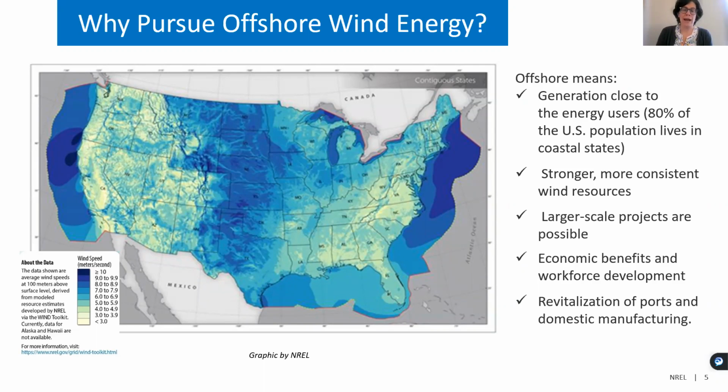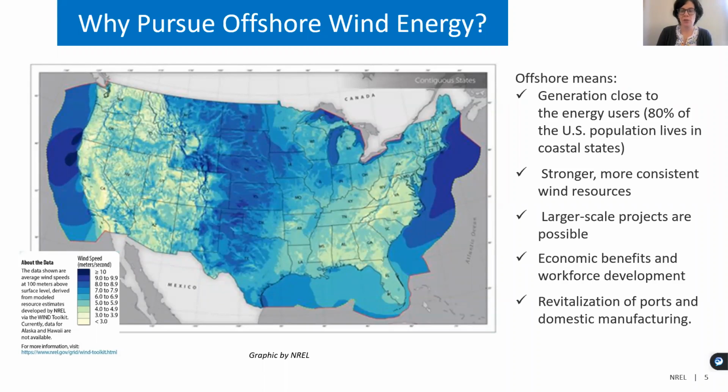The winds offshore are actually stronger, more consistent, and less turbulent than on land because of the absence of buildings or other obstructions in the landscape. We have the opportunity to deploy larger scale turbines than on land, and projects as a whole, in part because there aren't the same transportation constraints that we run into when trying to move very large wind turbine components across the land.